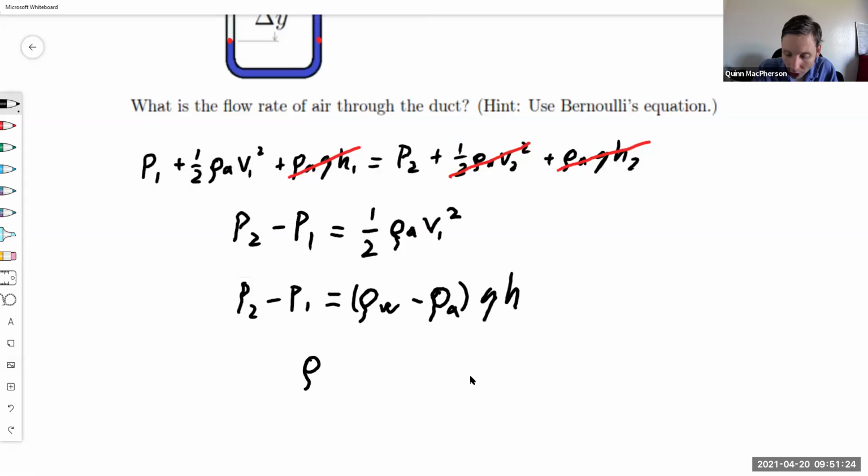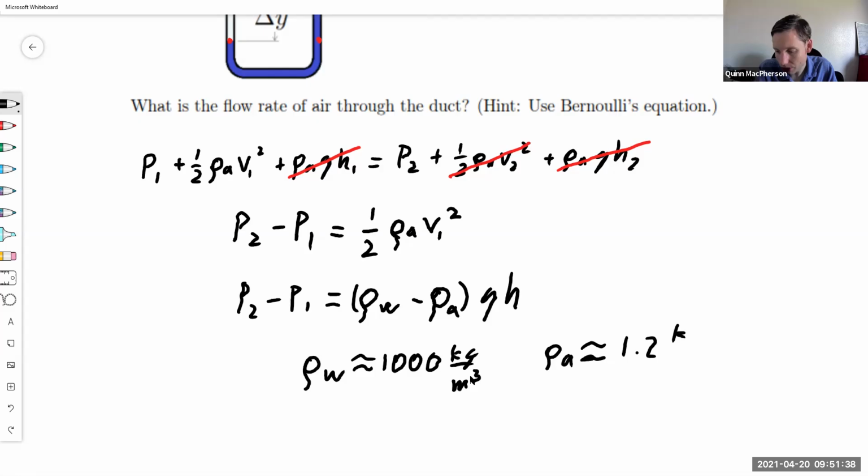So rho of water, if you look up the density of water, it's about 1,000 kilograms per cubic meter. Rho of air is something like 1.2 kilograms per cubic meter.